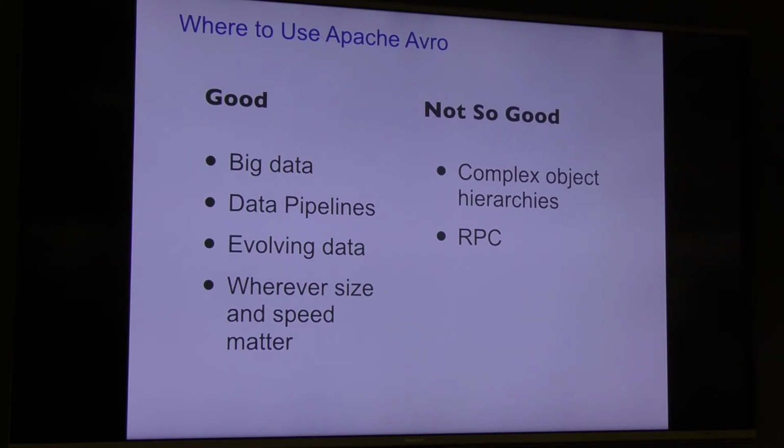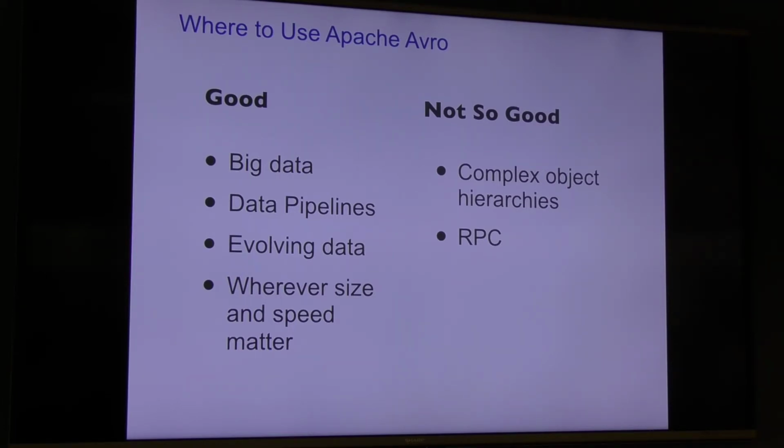You could even say when you're looking at web service APIs, or any type of API where you're trying to evolve some of that content, you could possibly use Avro. And of course, wherever size and speed matter when you're serializing and deserializing data.